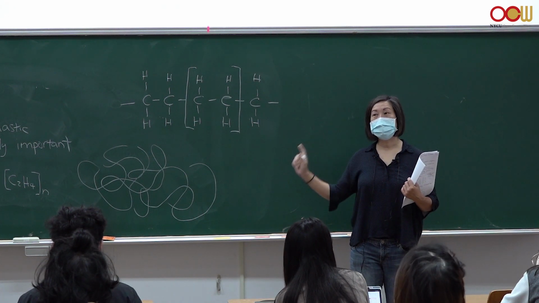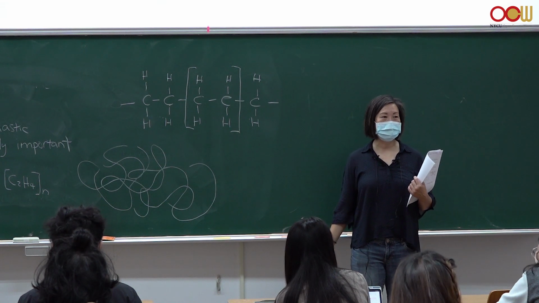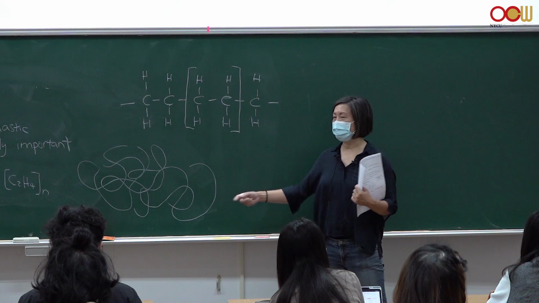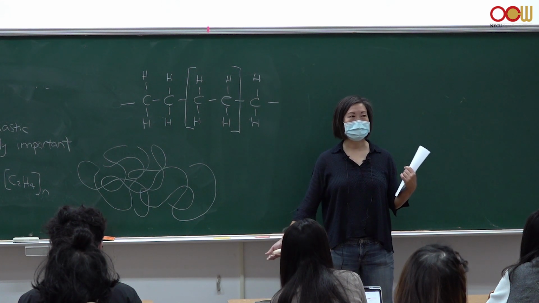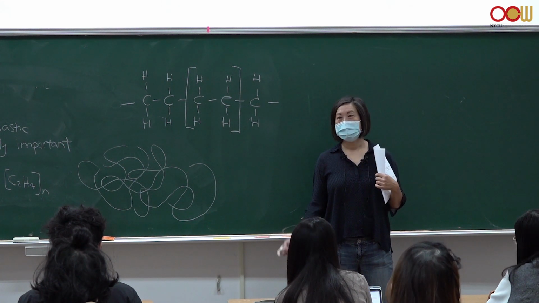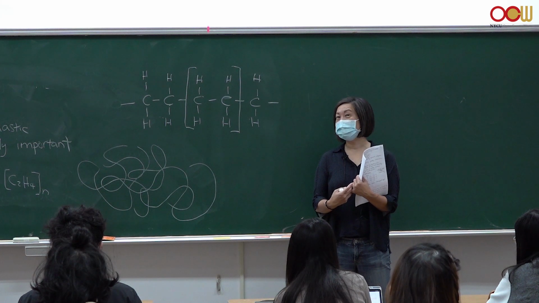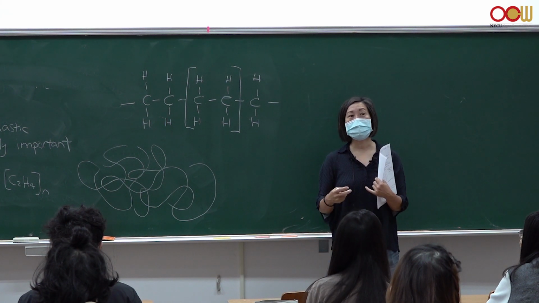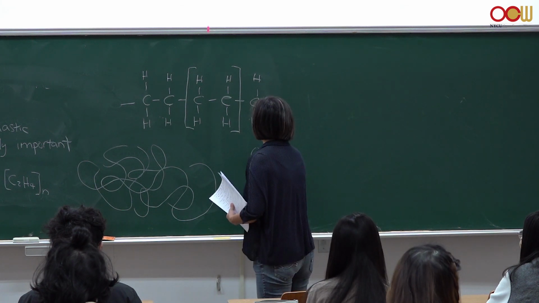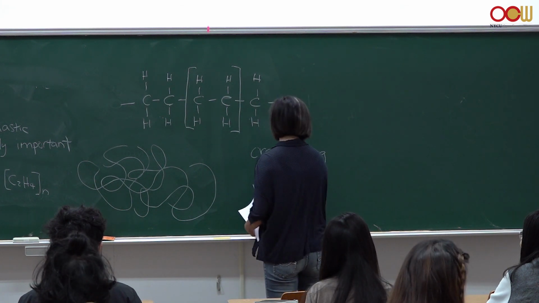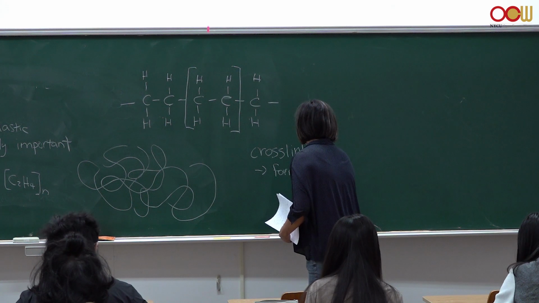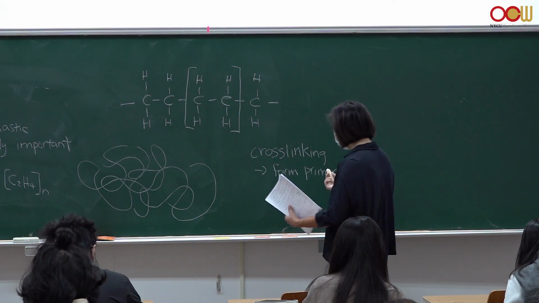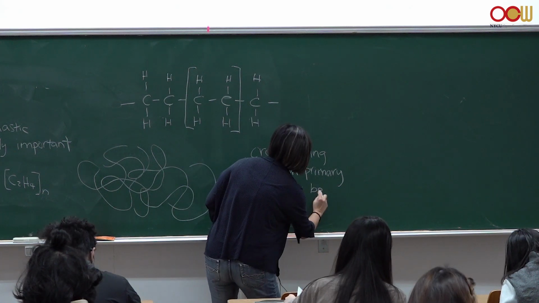You can control that. If you don't want your plastic to be so stretchy, what might you be able to do to prevent the chains from just sliding past each other, you think? What would you want to do? Right, you lock the chains together. You don't allow them to slide past each other, and that's called cross-linking. You form primary bonds, so either covalent or ionic bonds between the chains.